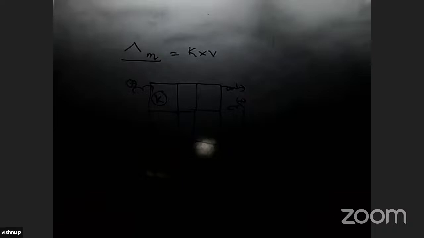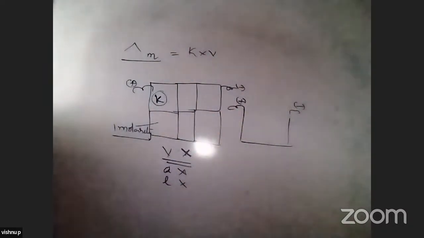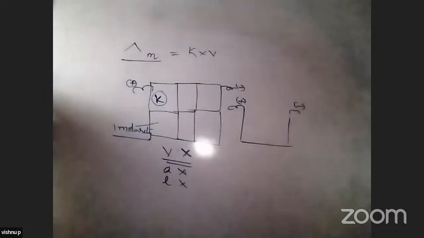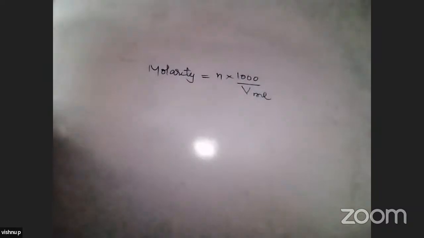Molar conductivity of that electrolyte is equal to K into V. K is called specific conductance. V is equal to volume. So volume is large enough here, and we know that concentration in molarity is equal to the number of moles into 1000 by volume of solution in milliliters.